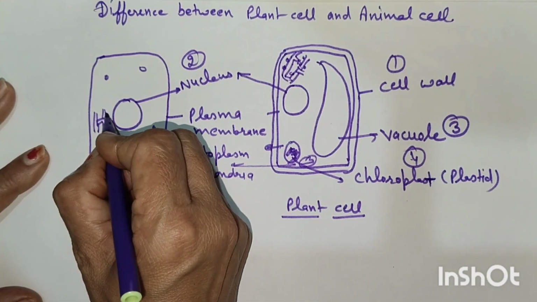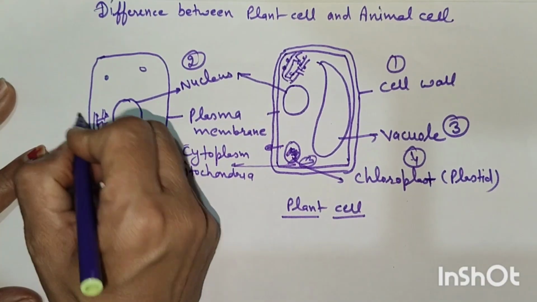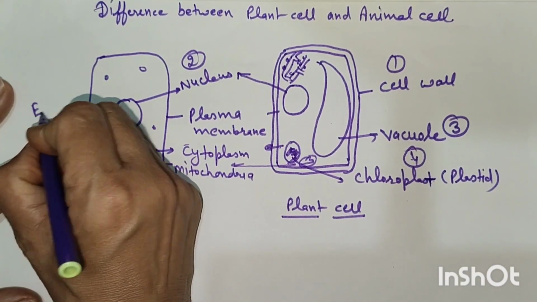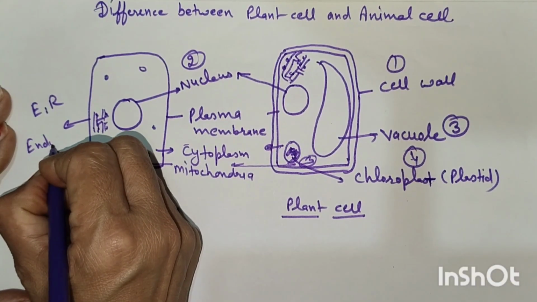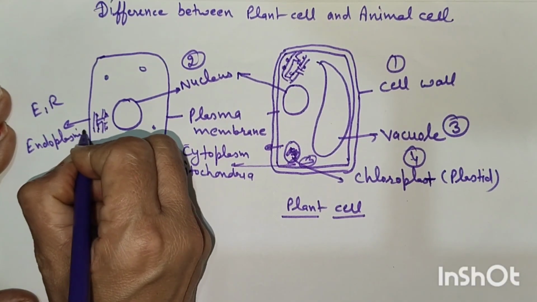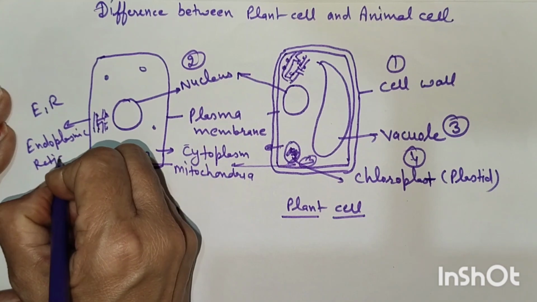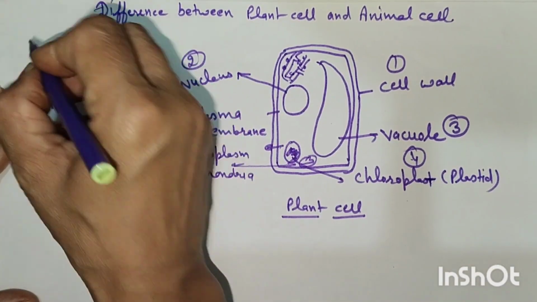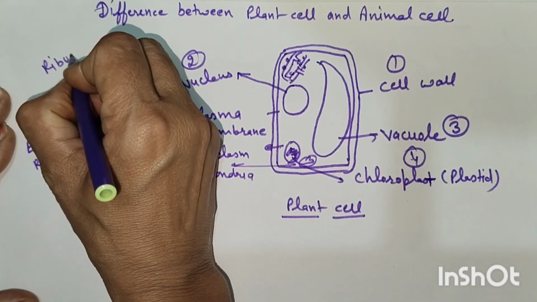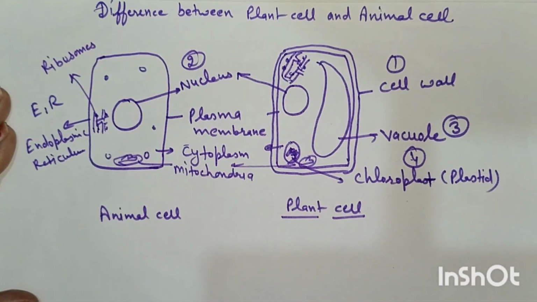Ribosomes are also present in both the cells, on the ER or endoplasmic reticulum. And these are ribosomes.